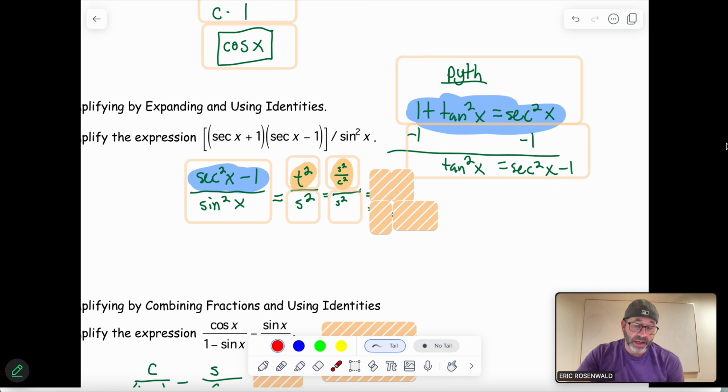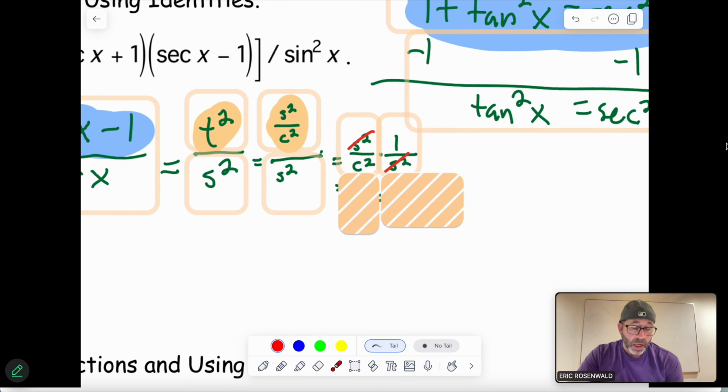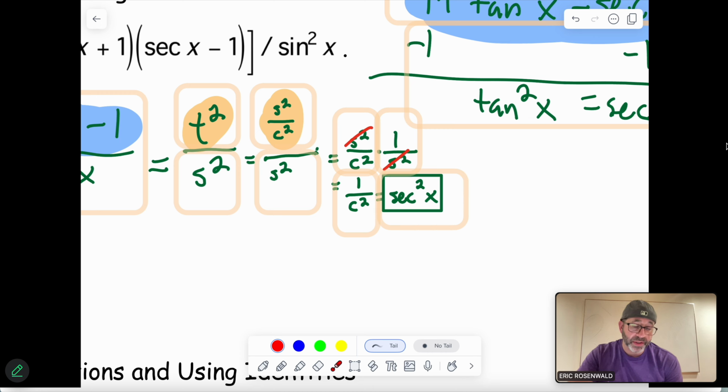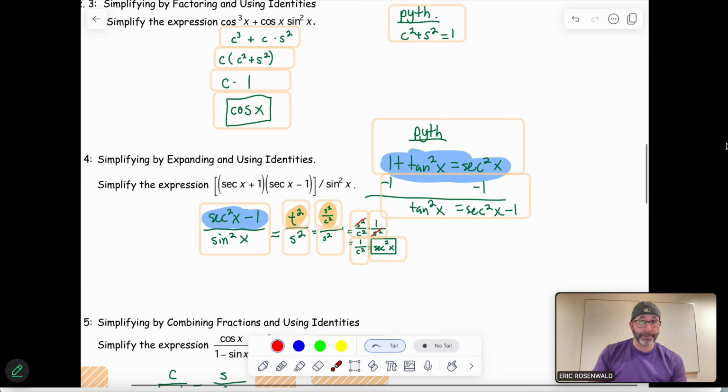So I could take that s squared over c squared and divide it by s squared, which is the same as multiplying by the reciprocal. So we still have 1 over s squared. What happens is my s squared will cancel each other out, and we're going to be left with a 1 over c squared. Well, 1 over c is the same as secant, and that's the most simplified form that we can get to. All right?